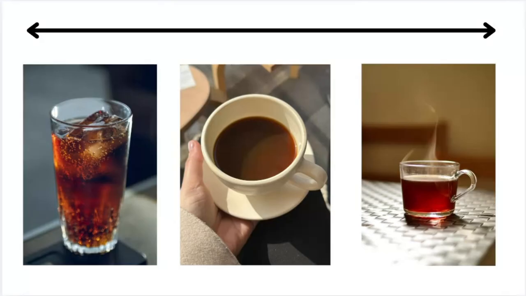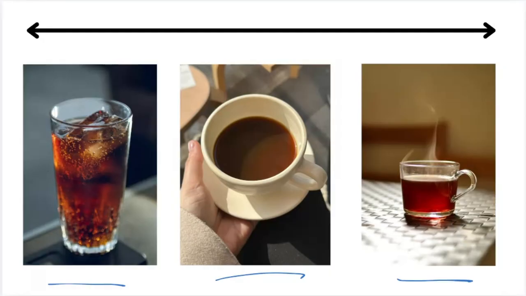Now, I have different drinks. I have a soda, I have a coffee, and I have a tea. In this picture, we will talk about temperature. How hot, how cold are the drinks?